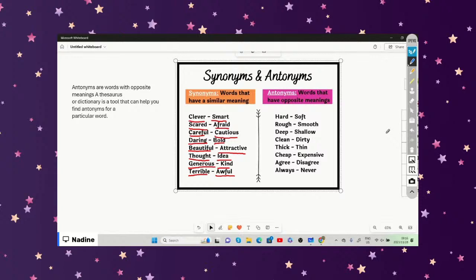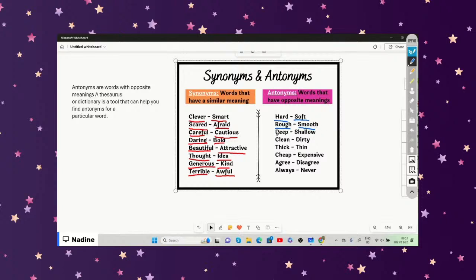So if something is not hard, then it's soft, because the opposite of hard is soft. If something is not rough, then it is smooth.